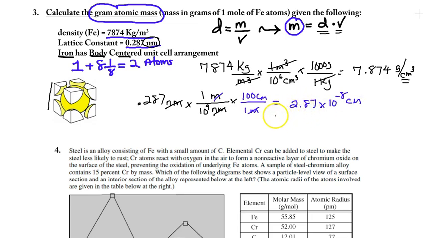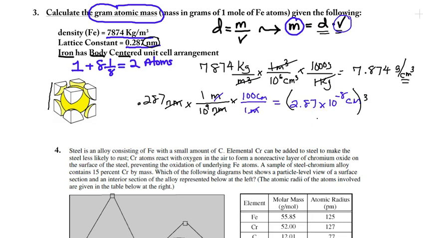Now watch what I'm going to do here. Using this lattice constant, I'm going to solve for the volume. Volume is length times width times height, and of course it's the same dimension. We've been doing this. So what I'm going to do, party people, is cube this. That'll be the same as length times width times height. It's going to give me centimeters cubed, which will cancel out. That's why I went that route.